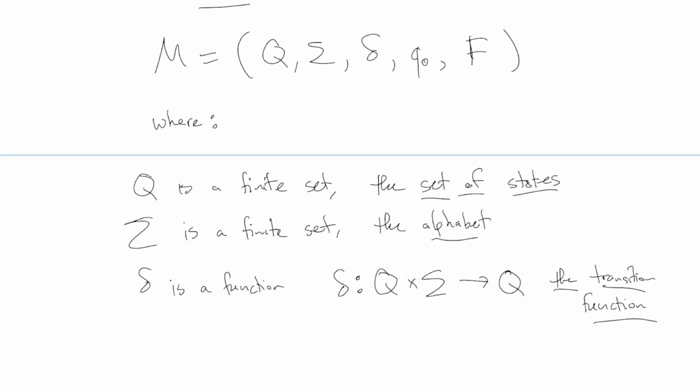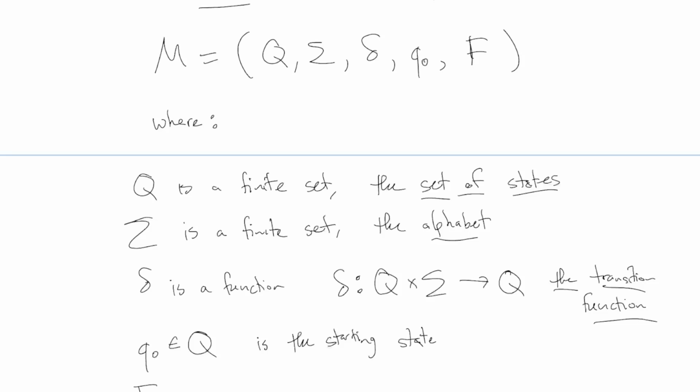All right, continuing on the list, the Q0. Q0 is the starting state, and this is simply an element of Q, right? Q is the set of all the states. Q0 is just one of those states which is chosen to be the starting state.